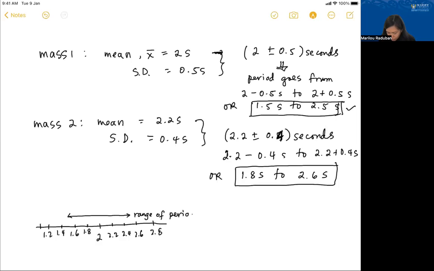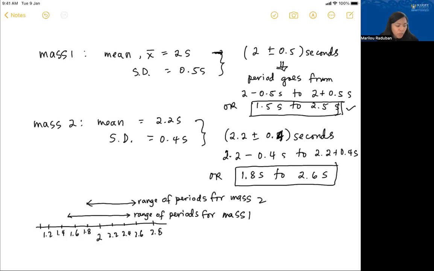The range of periods for mass 1 goes from 1.5 to 2.5. And for mass 2, the range goes from 1.8 to 2.6. So that means 1.8 is here and 2.6 is here, and here is the range of periods for mass 2.